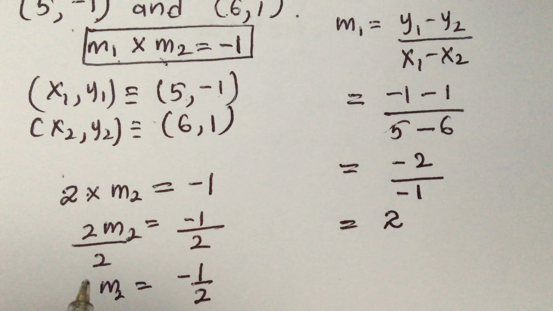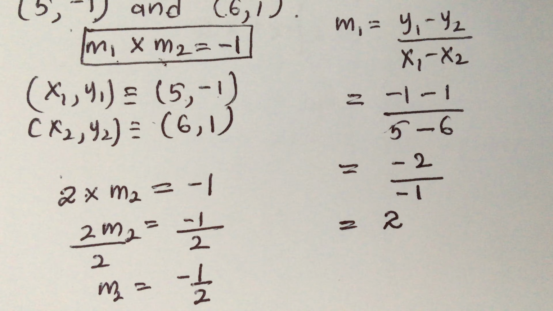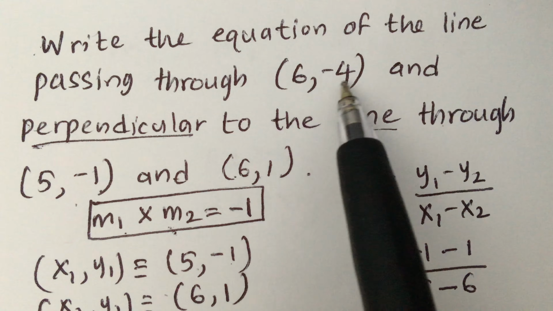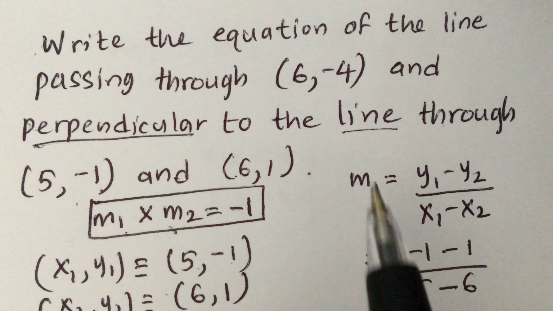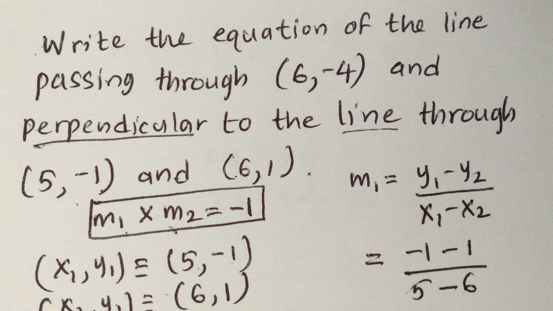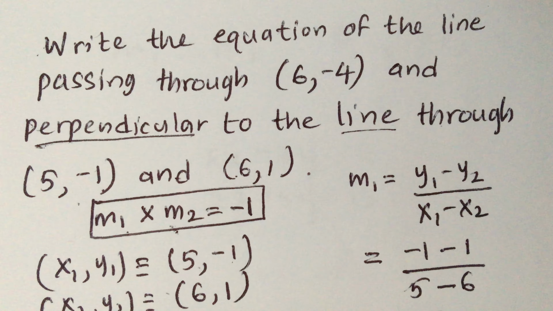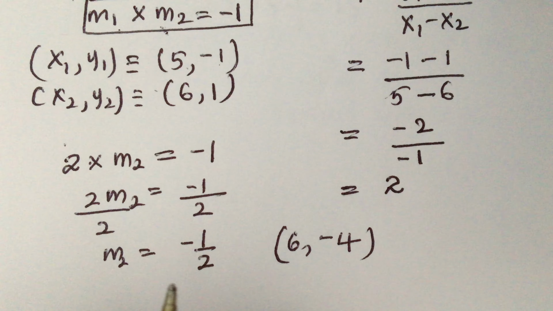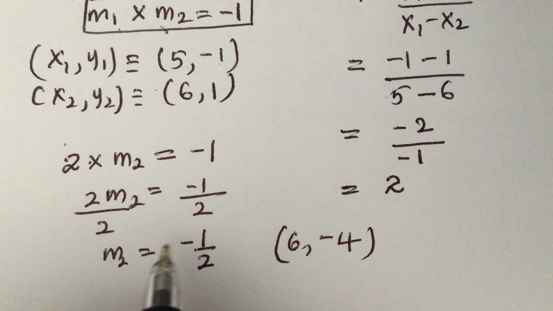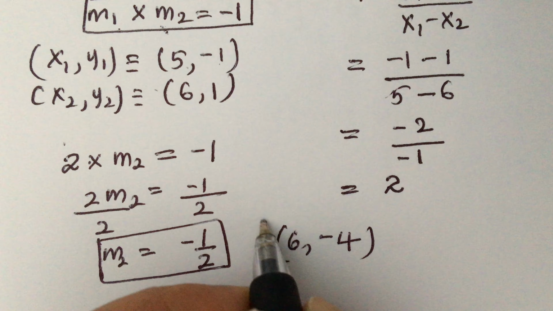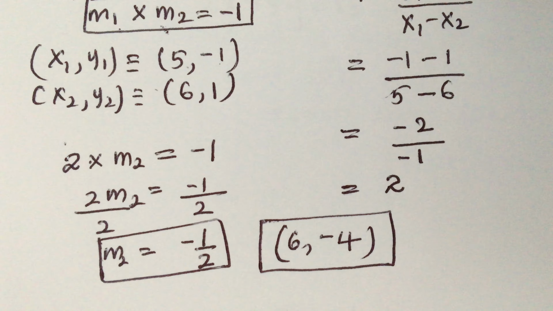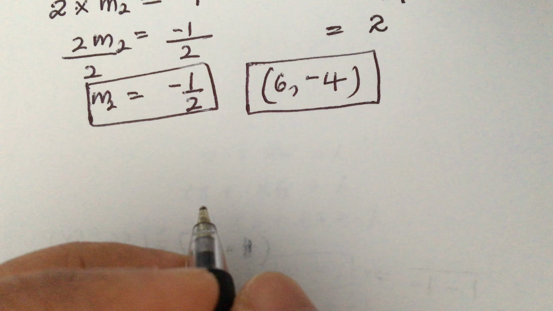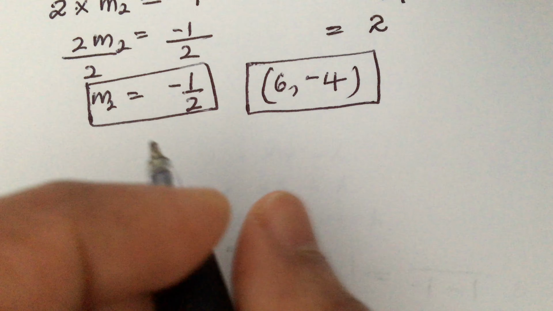Okay, so then how do you find the equation of this line? We know another point on this line, right? (6, -4). So I have a coordinate of the line, and I know the slope. I have the slope and I have the coordinate now. Then how do you find the equation of this line?